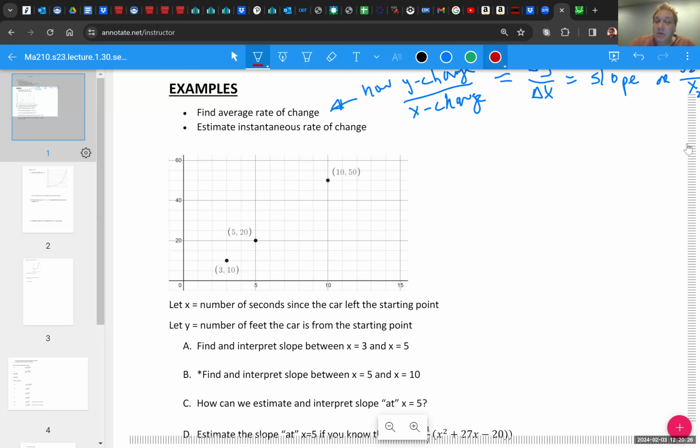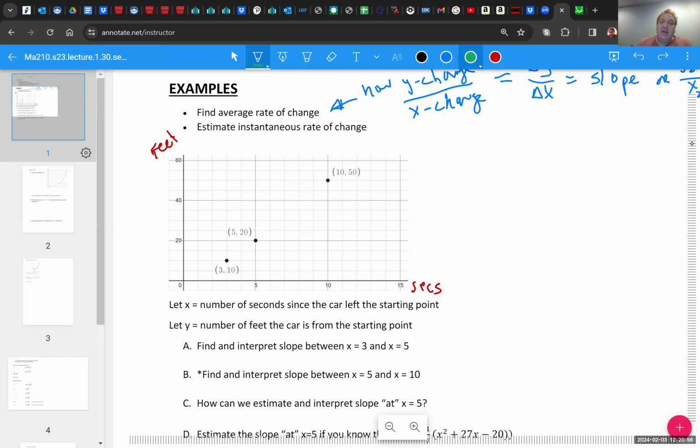So x is the horizontal axis, in seconds, and the vertical is in feet. If we were to interpret (3, 10), that means 3 seconds after the car has left the starting point, it is 10 feet from the starting point. That's how we interpret the x and the y.